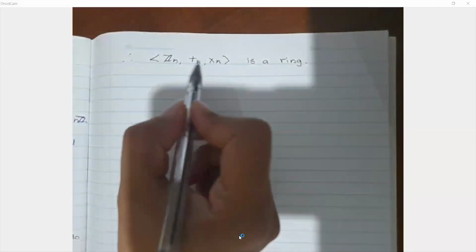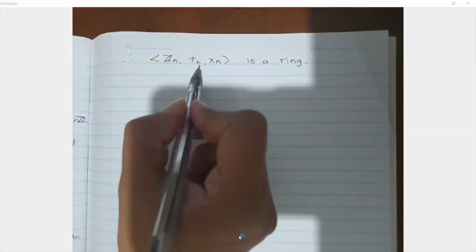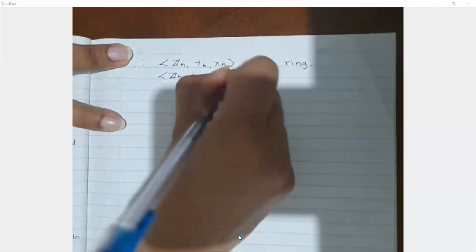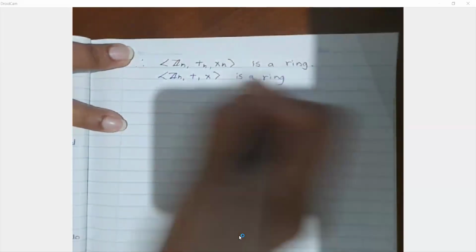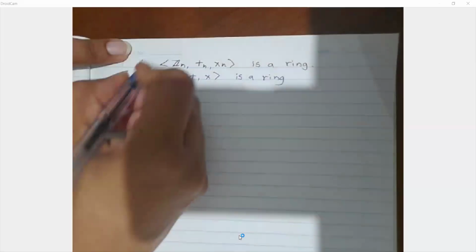You can simply disregard writing the subscript n. We can simply write it as Zn with plus and multiplication, because now we understand that in this ring, addition simply means addition modulo n, multiplication simply means multiplication modulo n. So you don't have to worry about the subscript anymore.